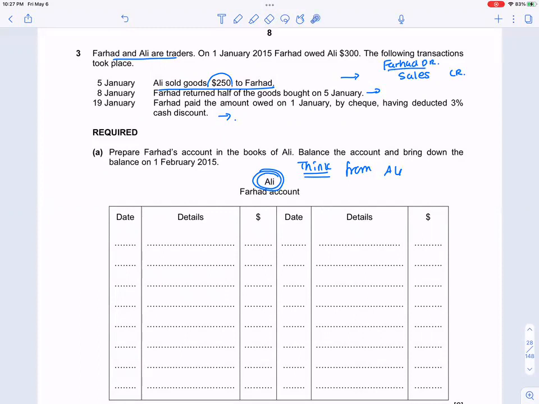You're thinking from the point of view of whom? Ali. Farhad is what? Debit. So on the debit side of Farhad, I will record sales.